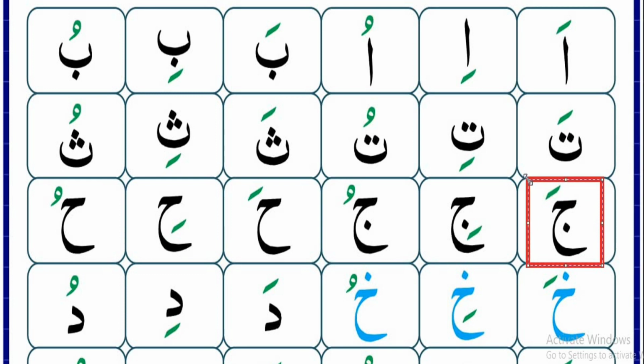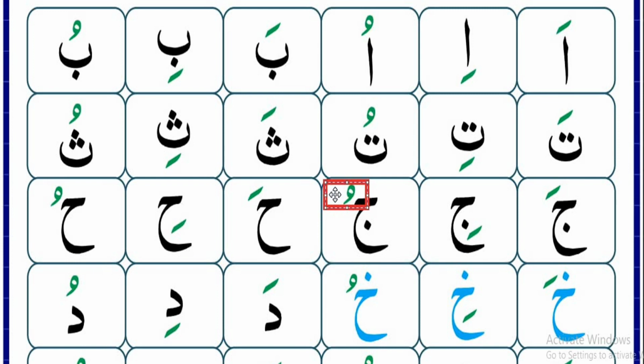Because the sound of the Fatha is the A sound at the end. As I said, the first sound will be the sound of the letter, and the last sound will be the sound of the sign. The sound of Fatha is the A sound at the end, the sound of Kasra is the E sound at the end, and the sound of Dhamma is the O sound.